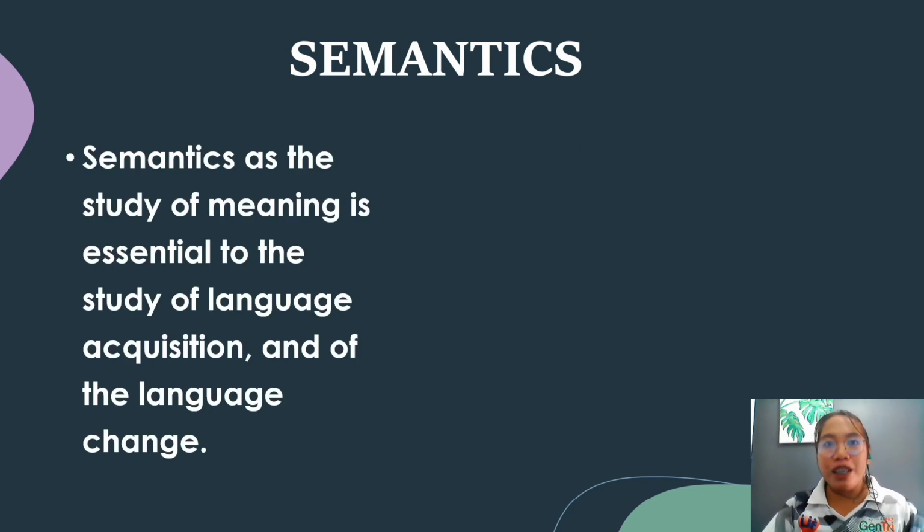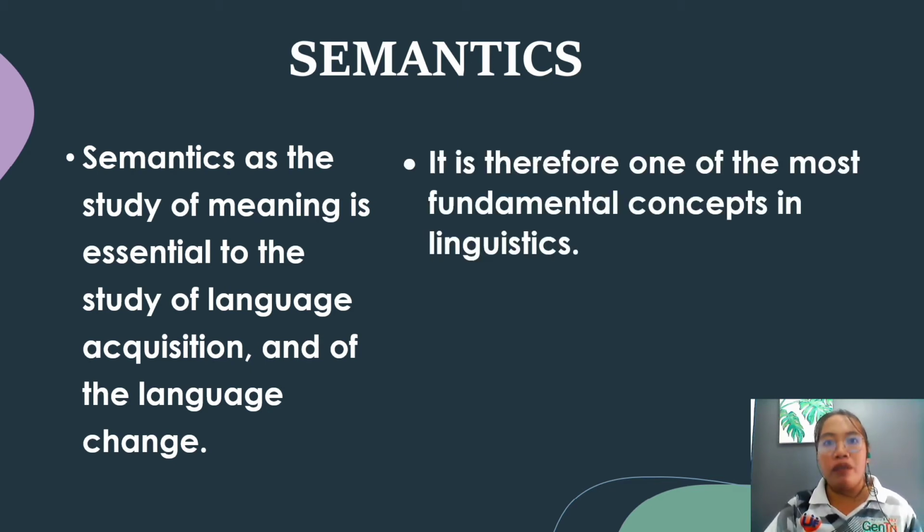Semantics as the study of meaning is essential to the study of language acquisition, or how language users acquire a sense of meaning as speakers and writers, listeners and readers, and of language change, or how meaning alters over time. It is important for understanding language in social contexts, as these are likely to affect meaning, and for understanding varieties of English and effects of style. It is therefore one of the most fundamental concepts in linguistics.